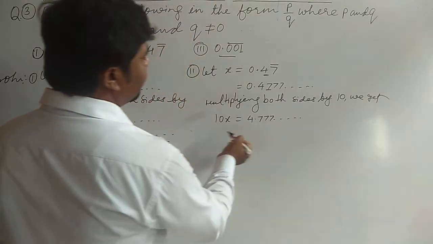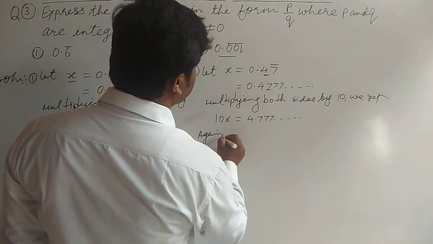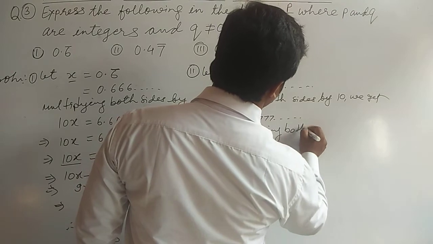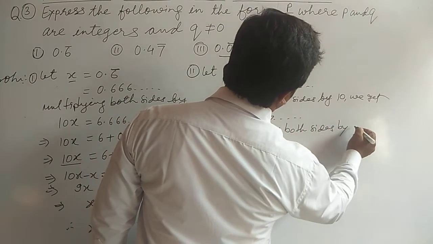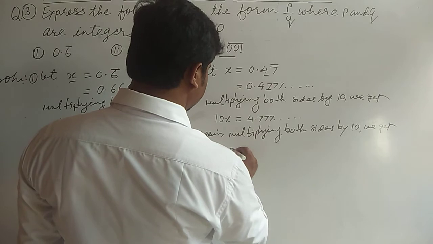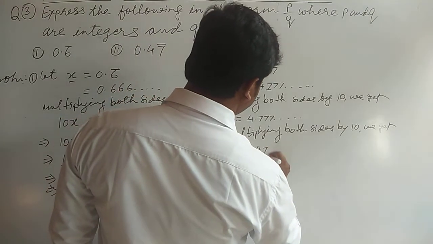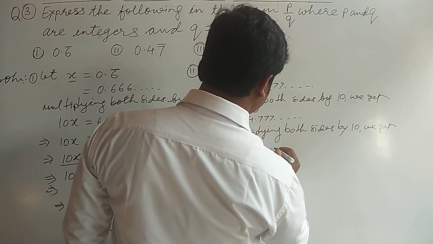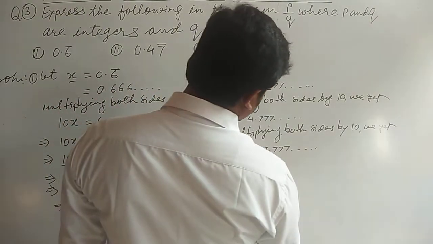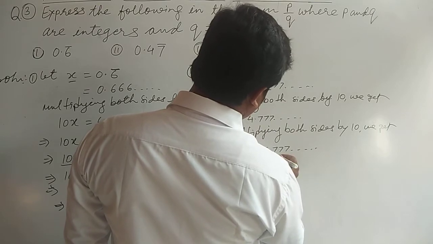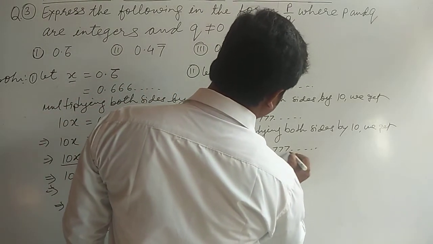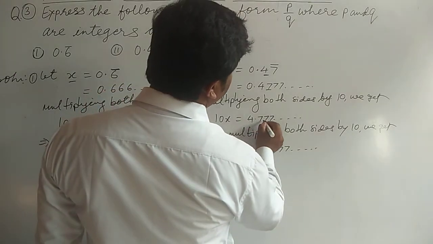So again we will multiply both sides by 10, we get 100x equal to 47.777, and here 4.777.